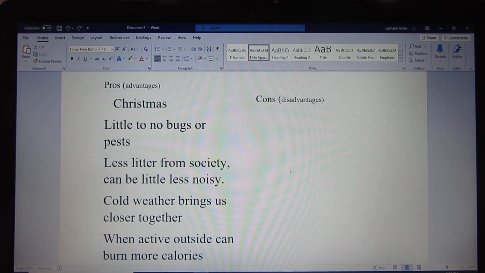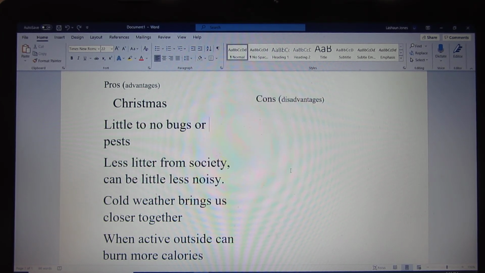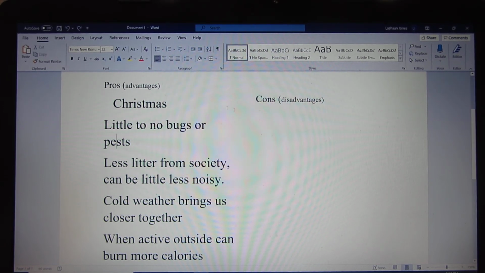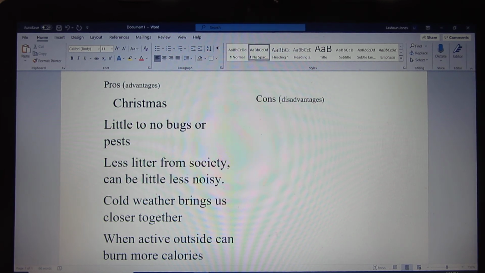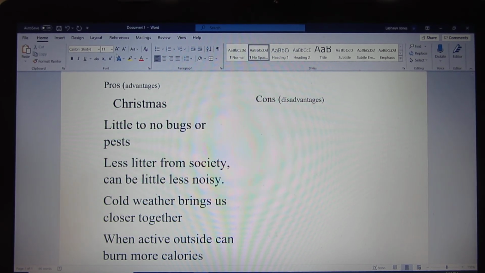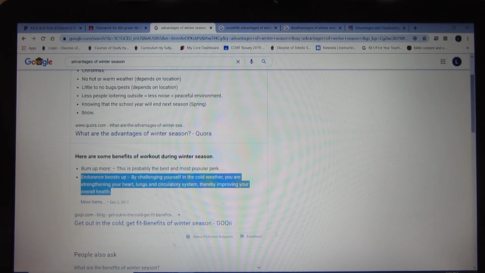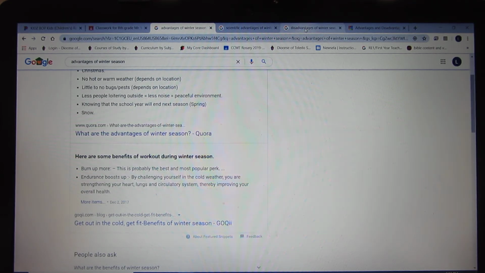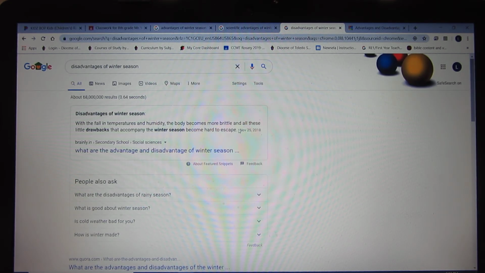Okay. Some of the disadvantages. How do I get back on this side? Sorry, guys. Okay. So I want to look at some of the disadvantages once I figure out how to get this computer situated. Yeah, so the disadvantages, again, I already have this thing opened up. I just typed in disadvantages of winter season.